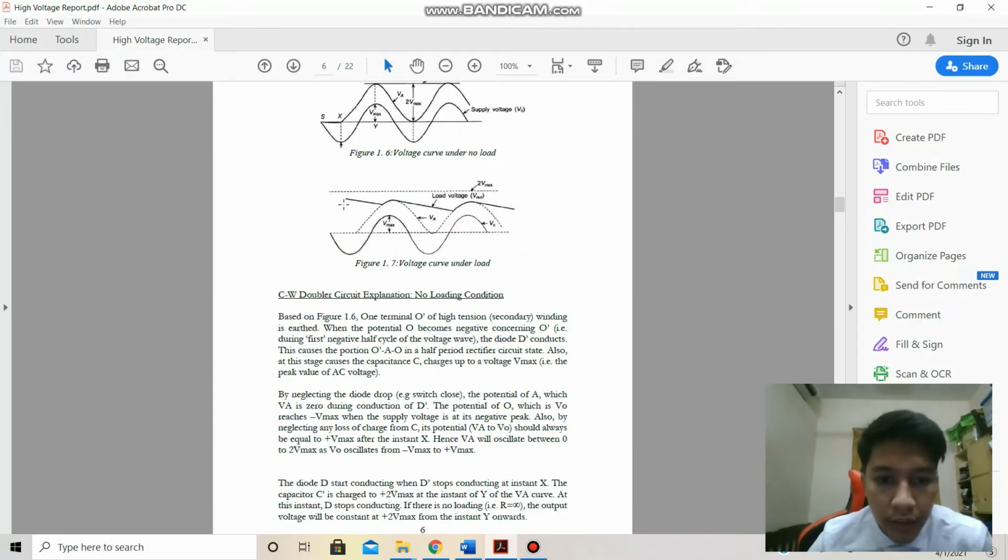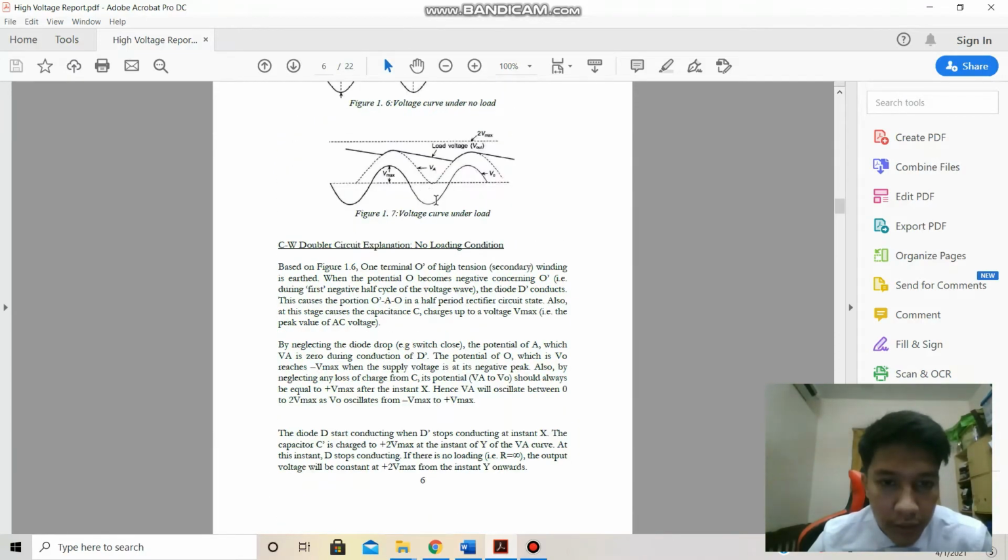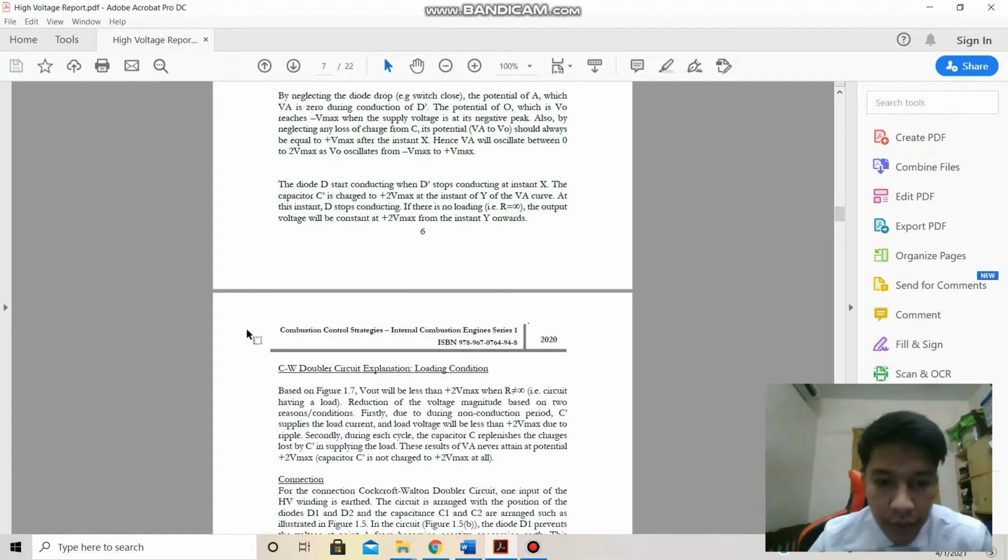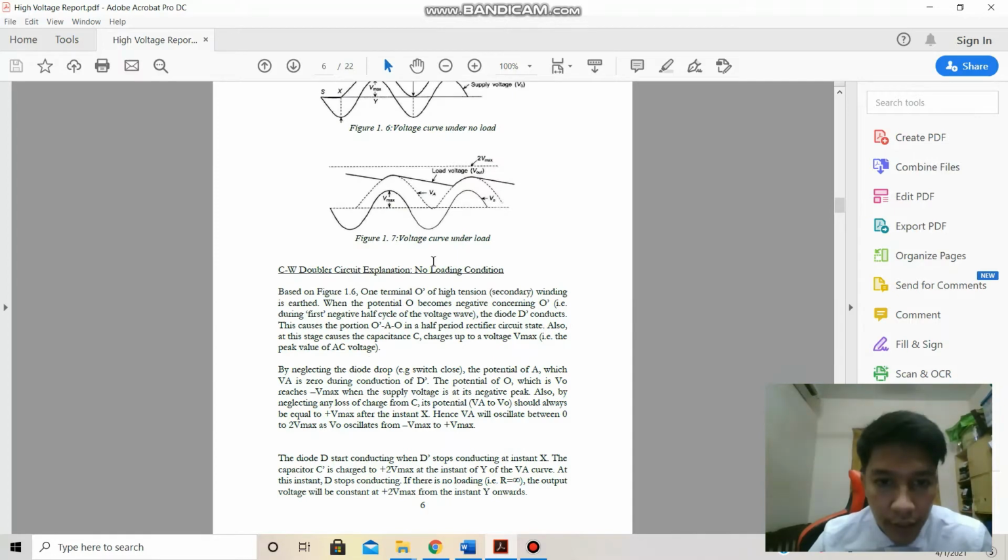Based on this figure, V out will be less than 2 Vmax when R is not infinity and the circuit has a load.